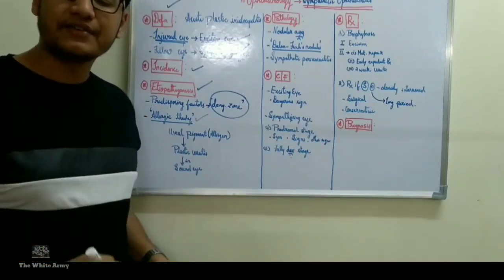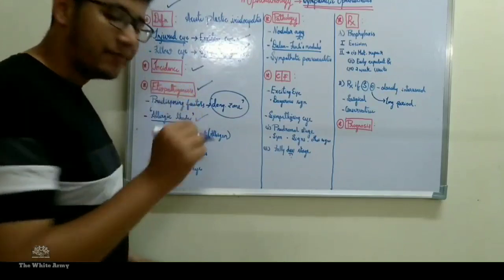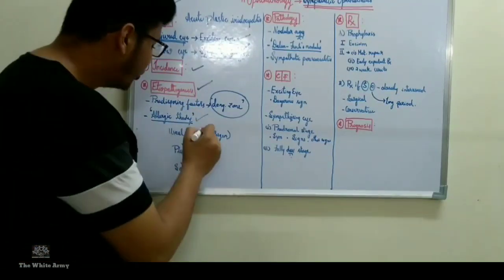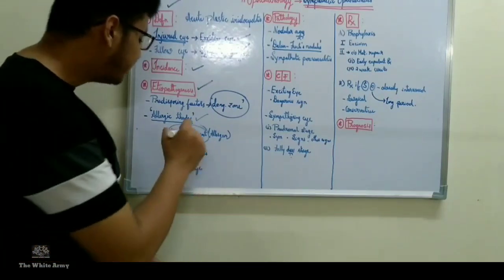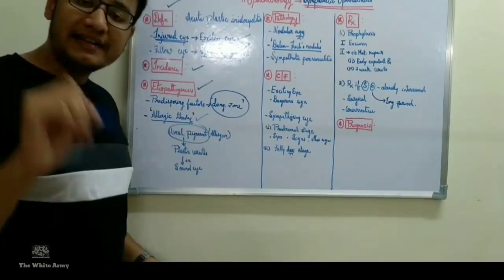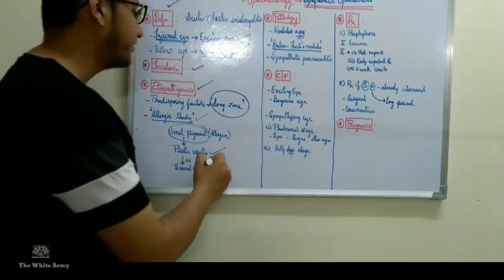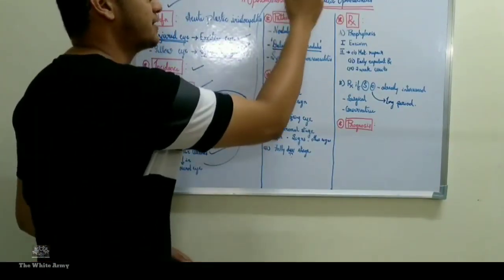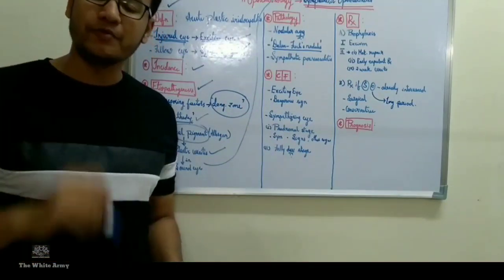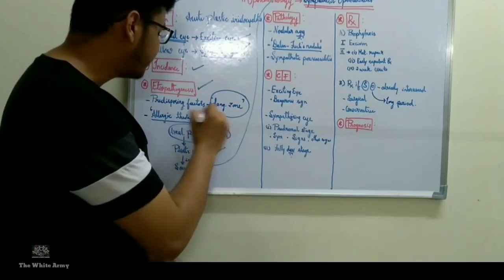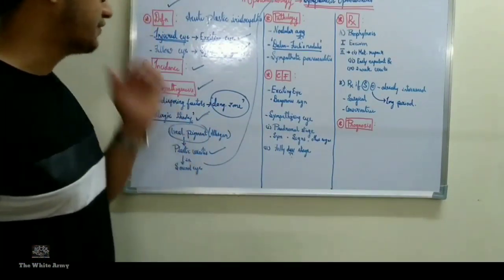It postulates that uveal pigment is considered an allergen, and this uveal pigment elicits plastic uveitis in the sound eye, giving rise to sympathetic ophthalmitis. So the keyword you have to mention in the exam while explaining the pathogenesis of sympathetic ophthalmitis is the allergic theory.